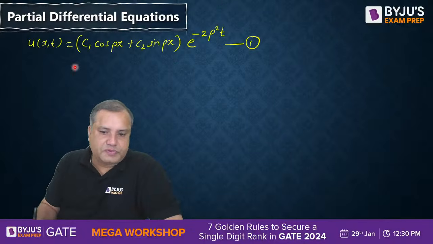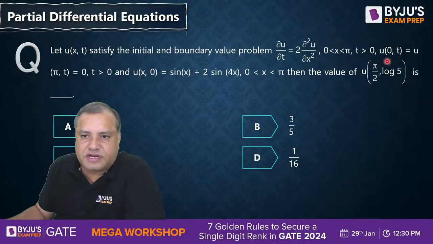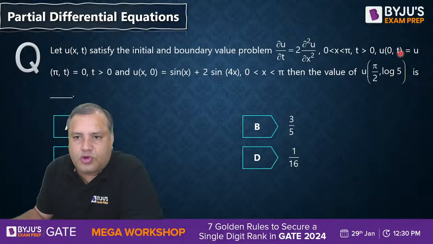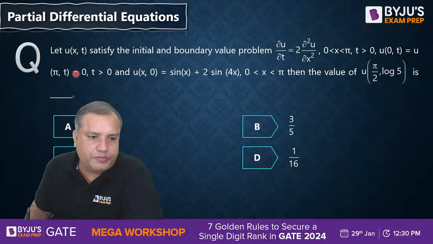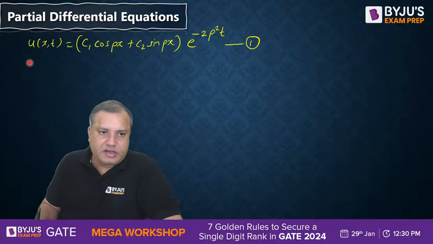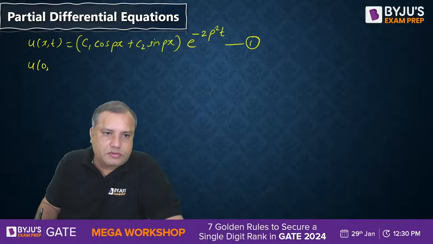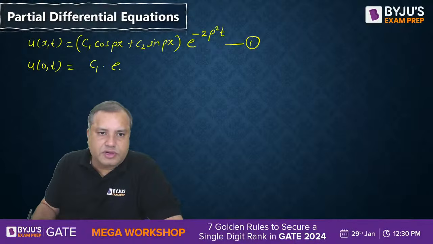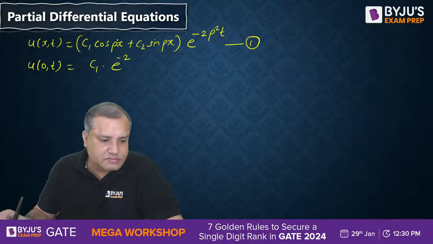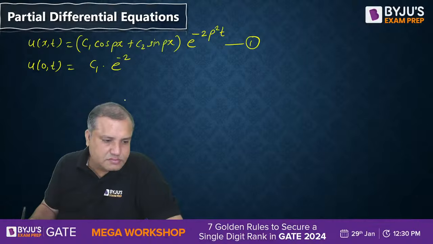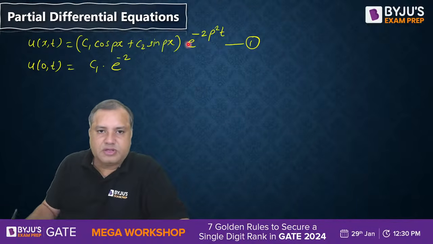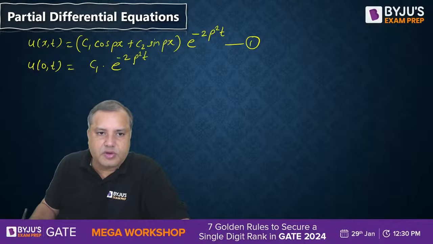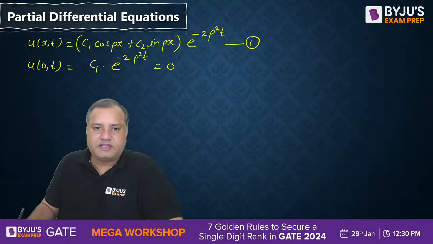Now I am applying the first condition. What is the first condition? U of 0 comma t equal to 0. So I am putting x equal to 0. So C1 cos 0, C2 sin 0 is 0, e to the power minus 2 p square t. Okay. Now this value is given as 0. It means what?